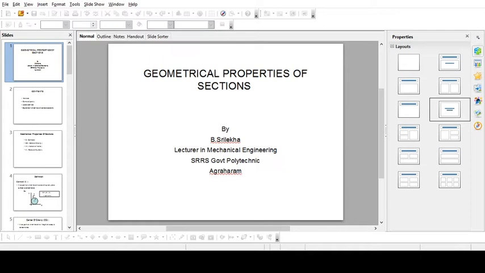In this manner you calculate the center of gravity. So centroid is the point at which the total area is said to be concentrated, and center of gravity is the point at which the total weight of the body is said to be concentrated.